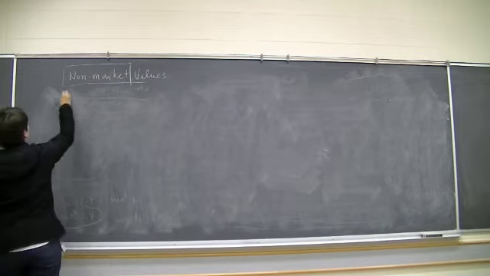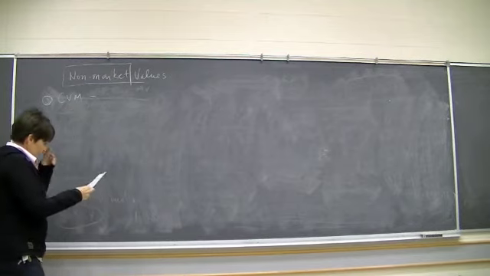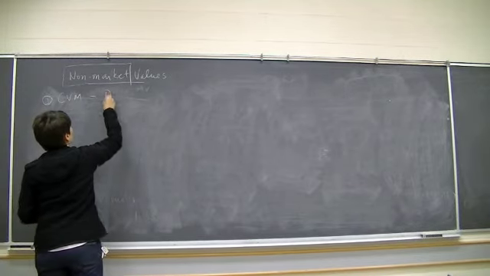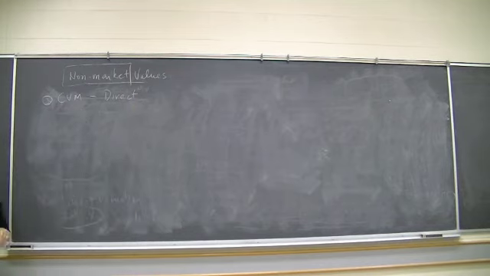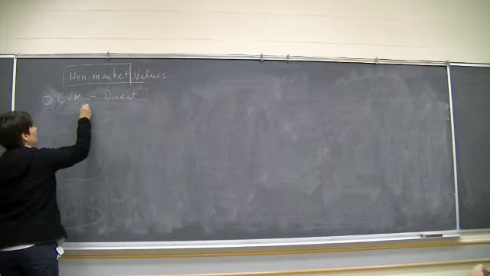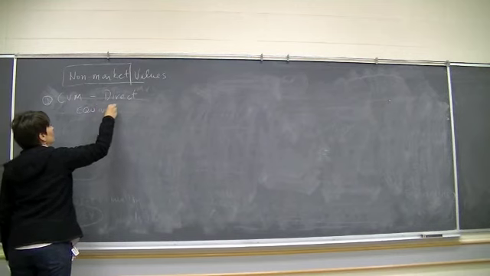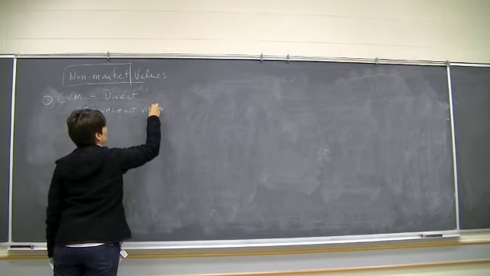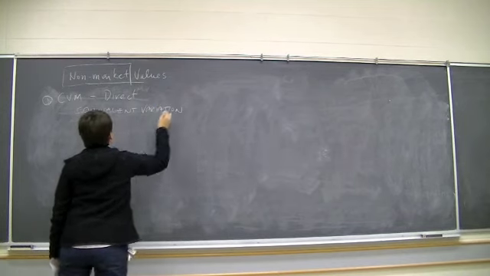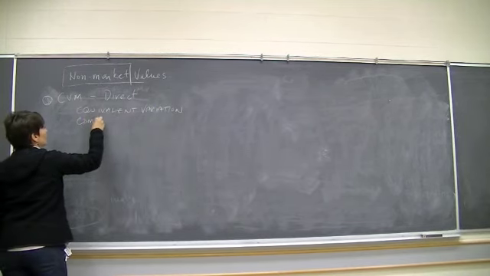Okay, so the contingent valuation is direct. And you'll see in the literature it says equivalent variation, and compensating variation.